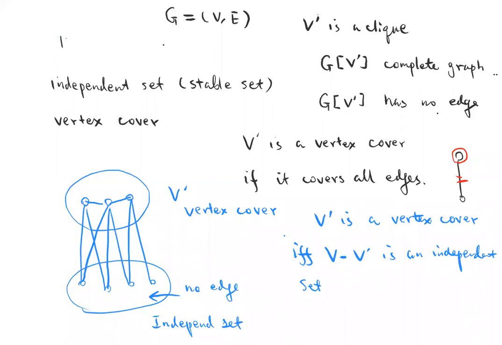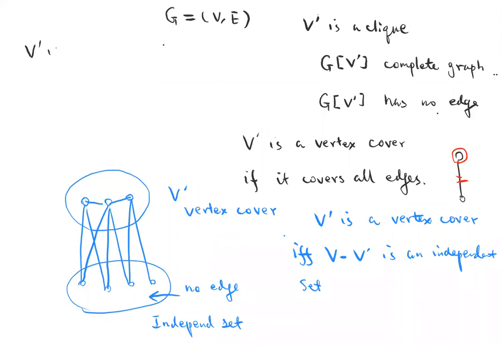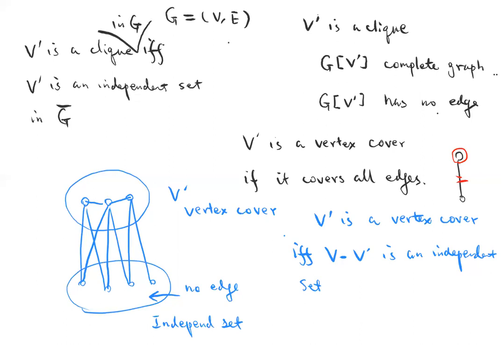That is, an independent set in G is a clique in its complement graph, and vice versa, because in the complement graph, non-edges become edges and edges become non-edges.